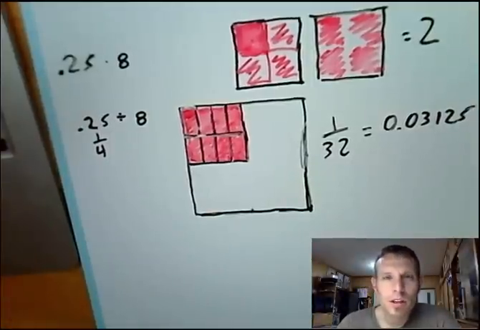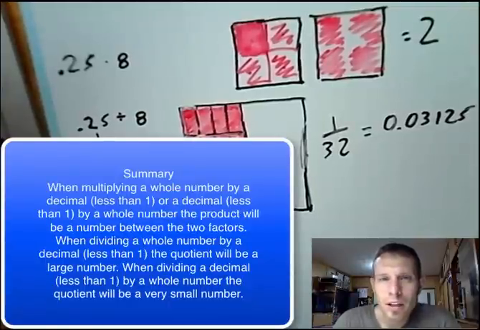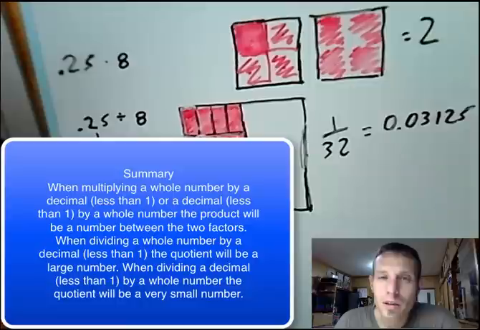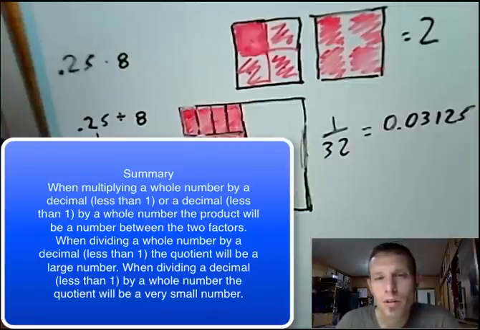And I guess to summarize, it's a little bit hard to generalize all these, but if you're multiplying a number greater than 1 times a number less than 1, the solution is going to be a number between those two. And we remember 5 times 0.2 was 1, that's in between 5 and 0.2.